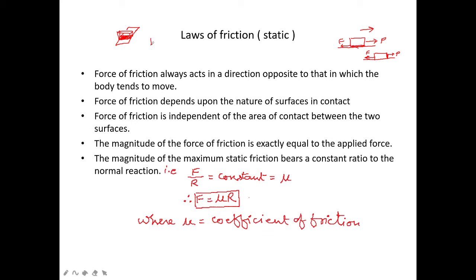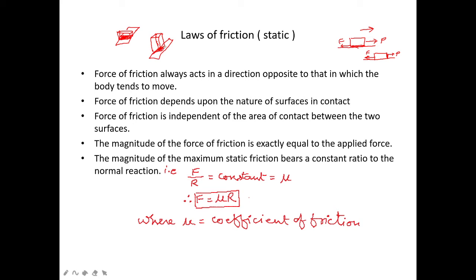Now if I remove the body, and if I keep the same body in this manner on the same floor, then the area of contact is less.